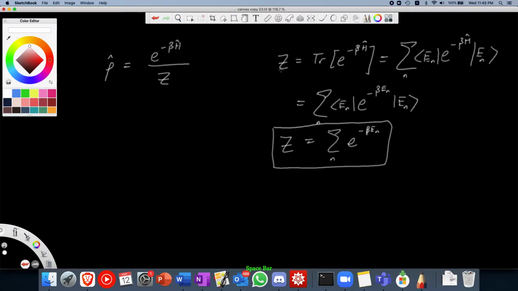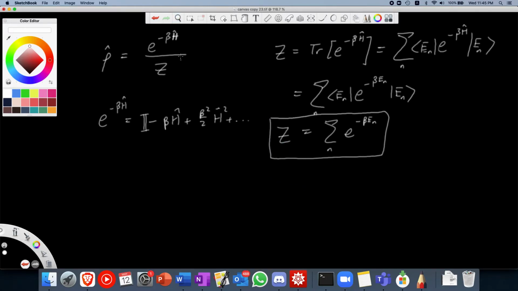Okay, and what is the density operator? Well, it's the exponential here, e to the power of minus beta H. Since it's the exponential of an operator, it is defined by the Taylor series or the Maclaurin expansion. So it's the identity operator minus beta H plus beta squared over 2 H squared plus so on. Okay, so in case you are wondering what's the exponential of this Hamiltonian, let's go ahead and compute the trace.